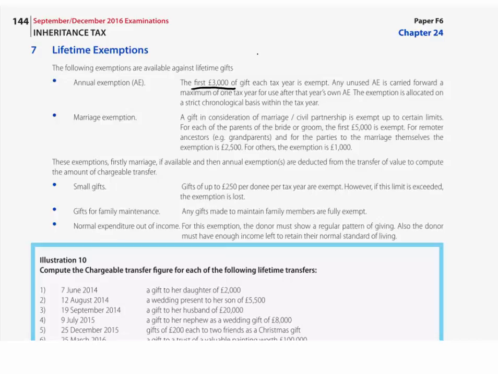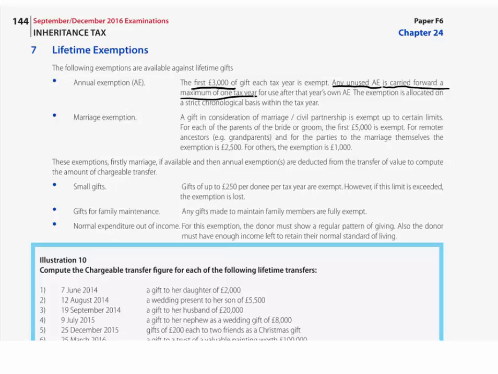You'll have another AEA next year, but you don't get to carry forward any unused such exemption or personal allowance. Well, here with IHT, there is an exception to that rule. That is that any unused annual exemption from a tax year is carried forward one tax year, maximum one tax year.